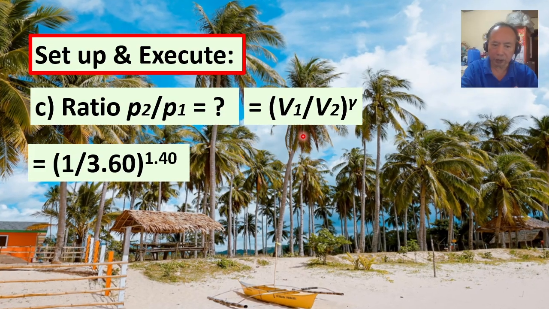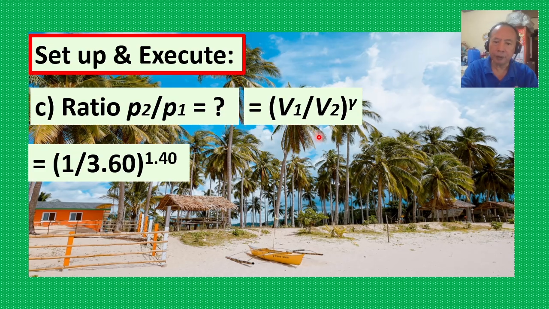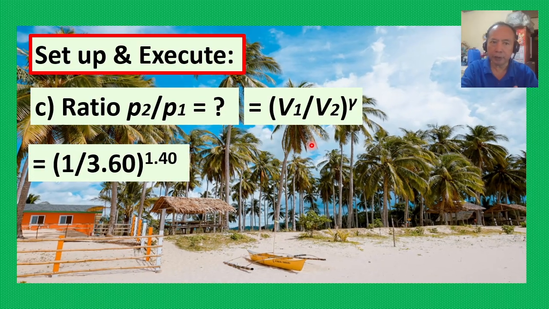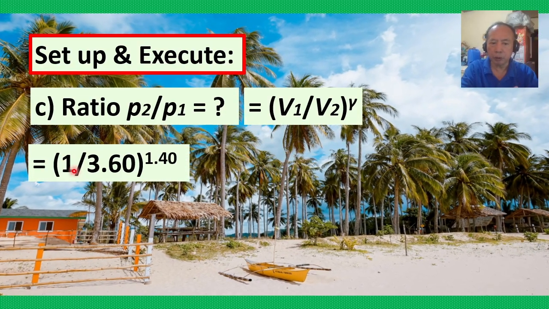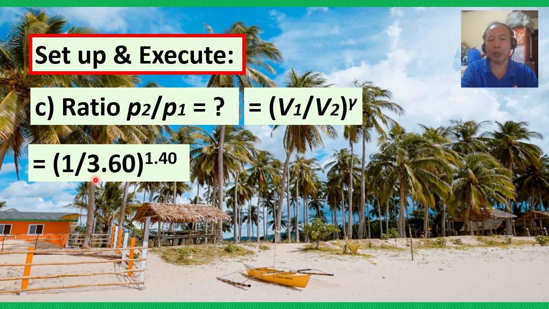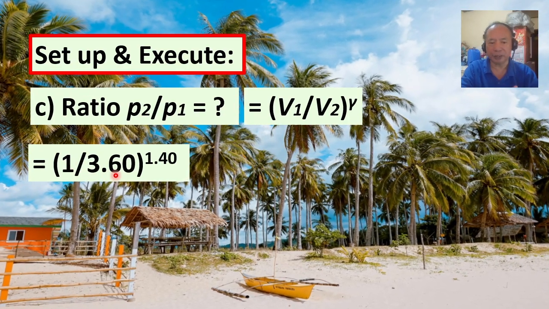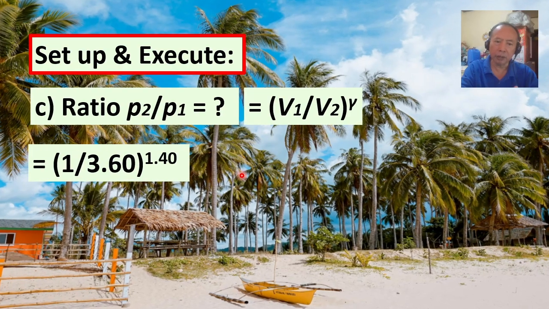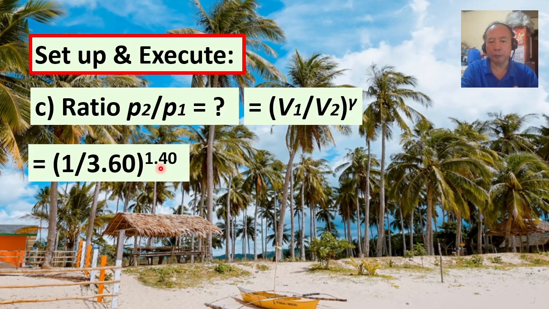And since we're now talking about the ratio V1 over V2, we just get the reciprocal, 1 over 3.60, and then raise it to gamma, which is equal to 1.40.